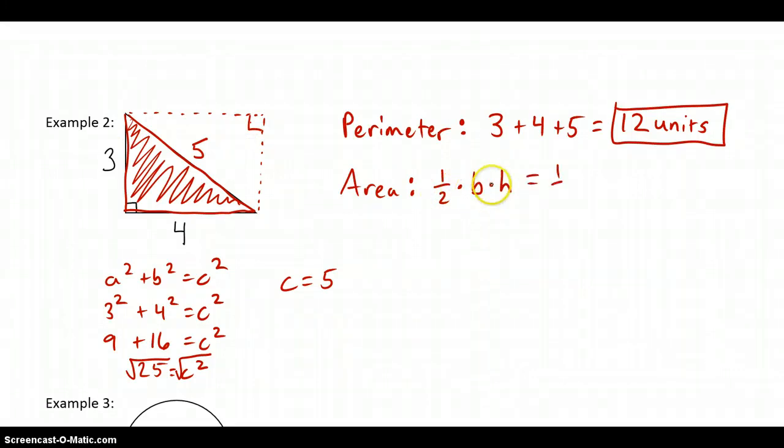So I'm going to have 1/2 times 4 times 3. And 1/2 times 4 is 2, and I need to take that answer times 3. 2 times 3 gives me a grand total of 6. And I'm measuring area, so it's units squared.